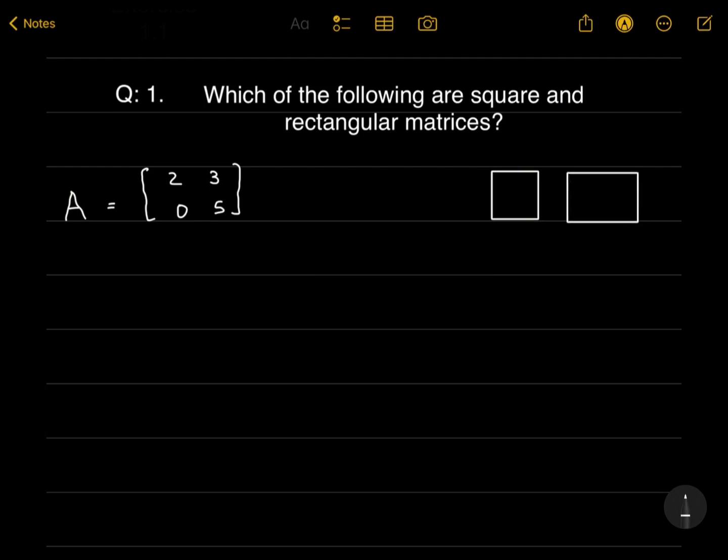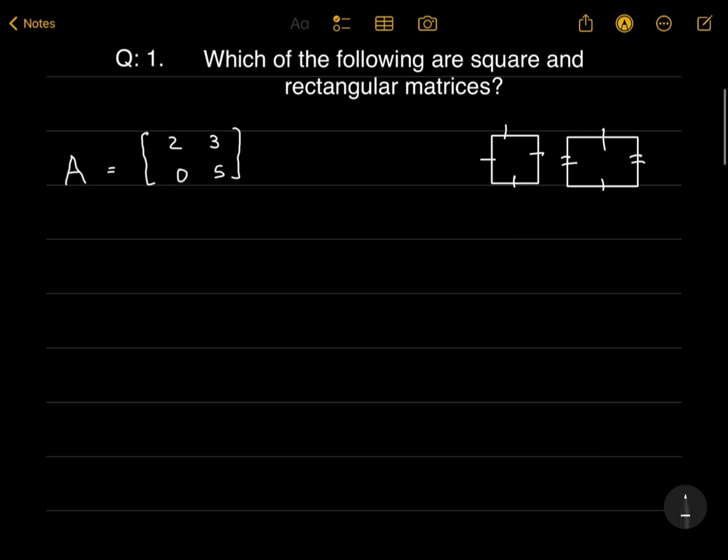So this means the 2 sides are not equal. So square matrices means the number of rows should be equal to the number of columns. And rectangular matrices means the number of rows shouldn't be equal to the number of columns.